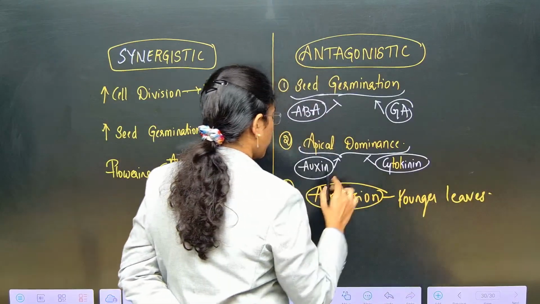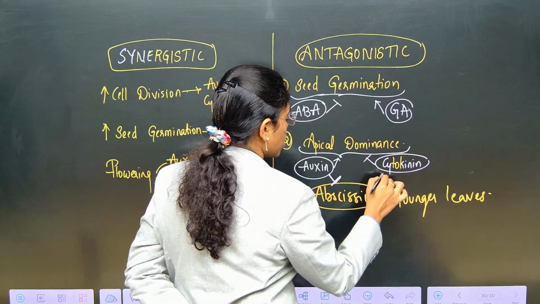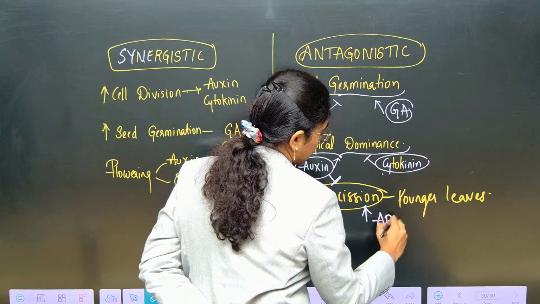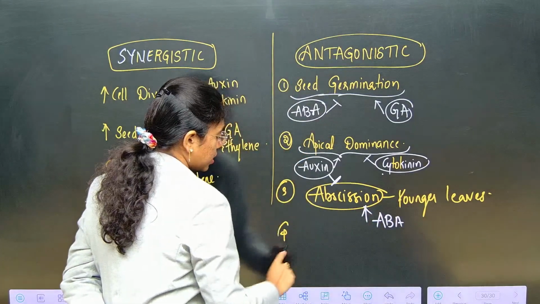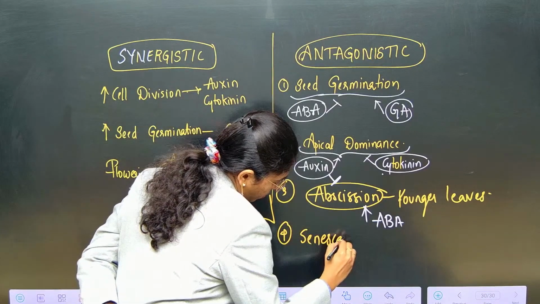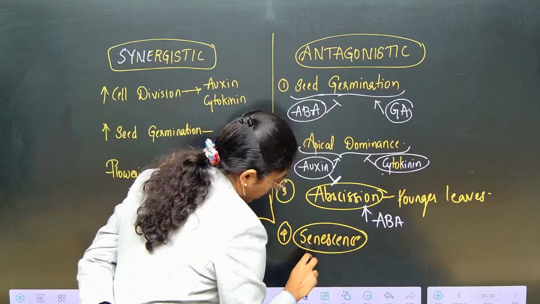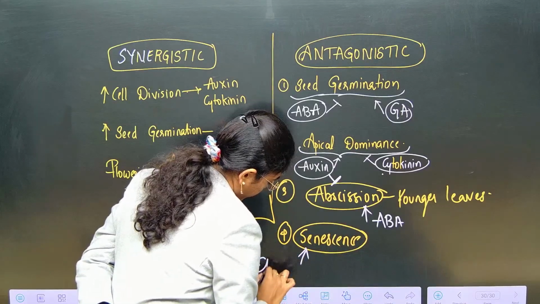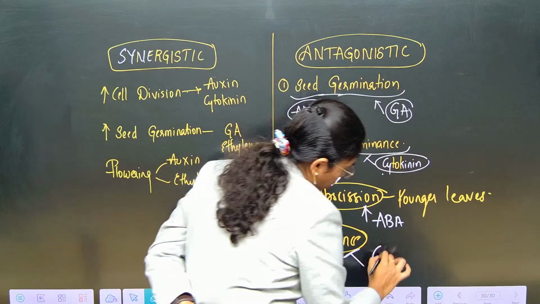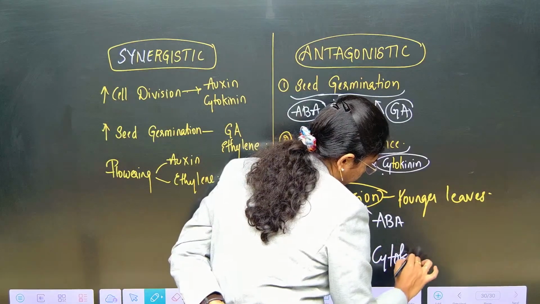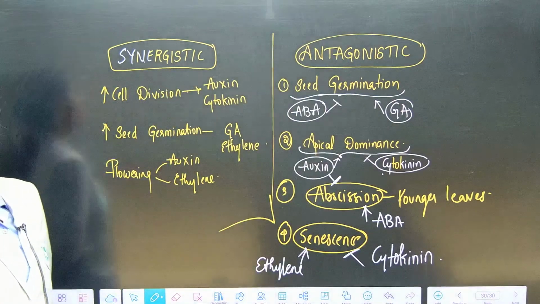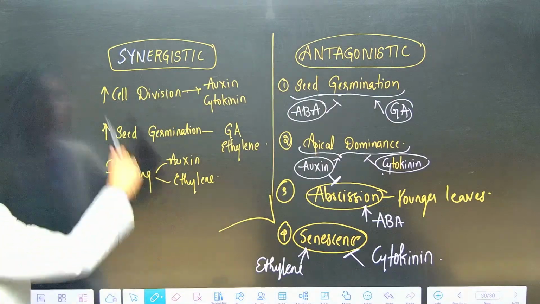It is inhibited by auxin, and abscission is promoted by abscisic acid. And last, if you consider senescence, it is promoted by ethylene and inhibited by cytokinin. Clear till here? Any doubt anywhere, both about synergistic and antagonistic activities?